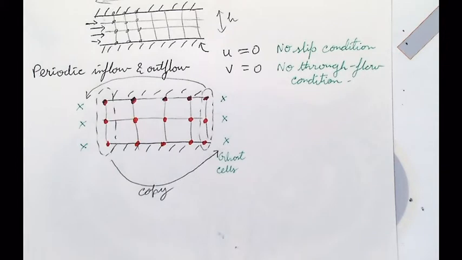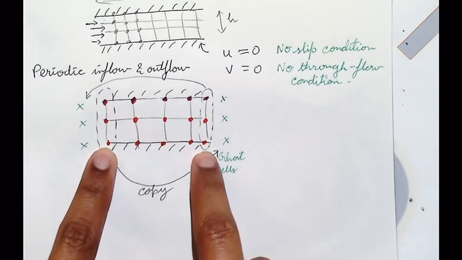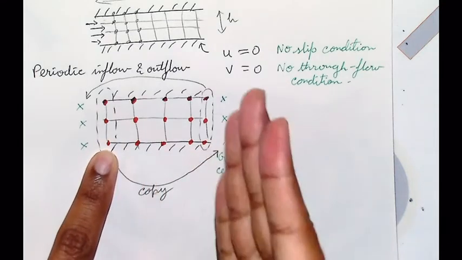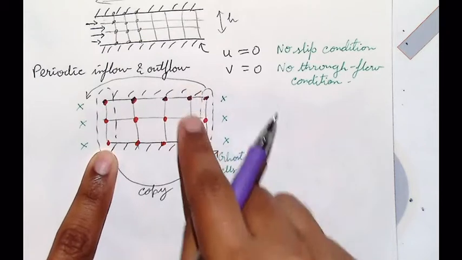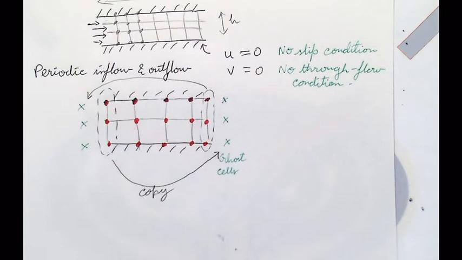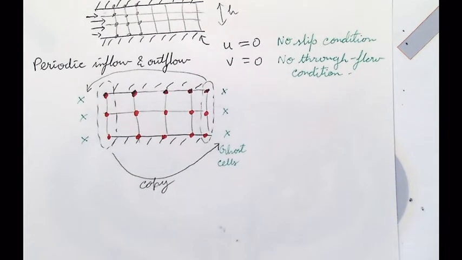Sometimes you have to be a bit careful. If you have a sinusoidal initial condition, this is exactly equal to that, so in that case you would copy the inner one, not the last one. And this copy you have to do once and then you forget about it. True or false? False.